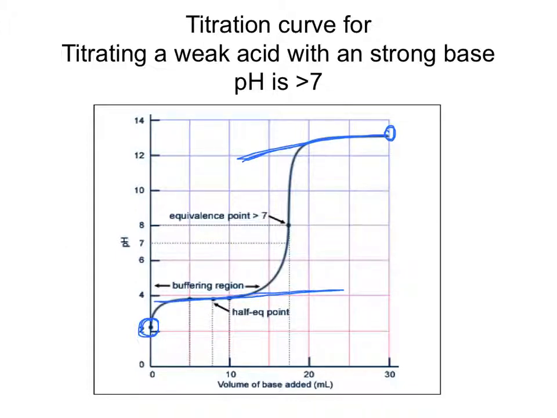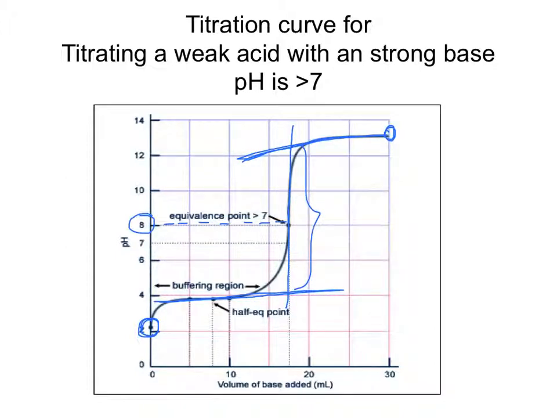We're going to find the vertical region, and we're going to extend it up and down until it intersects the two lines. And we will once again find the halfway point. You'll notice this time that the halfway point will bring us back to a pH of 8, not 7.